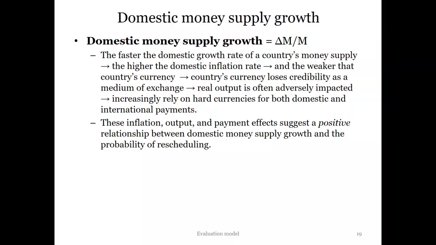So if a country has high inflation, what next thing will happen? The value of their currency is going to depreciate. So relatively speaking, the value of their foreign debt is going to increase, right? So they will find it harder to repay their debts. So in all, domestic money supply growth should have a positive correlation with a country's probability of rescheduling. Make sense?